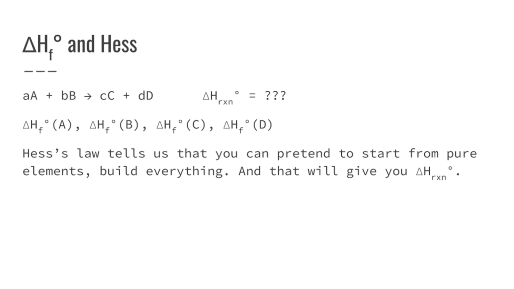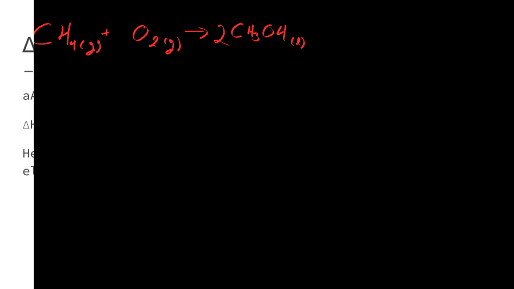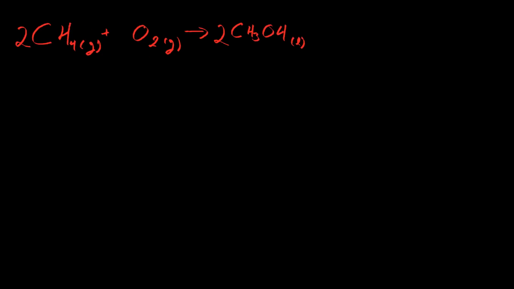So let's work with an actual example. Specifically, the semi-mythical reaction that would take us from methane to methanol by way of reacting with oxygen. So 2 methane plus 1 oxygen molecule yields 2 molecules of methanol.